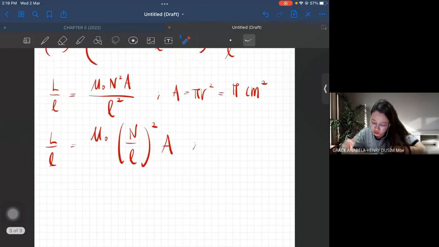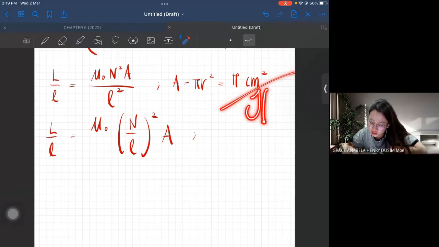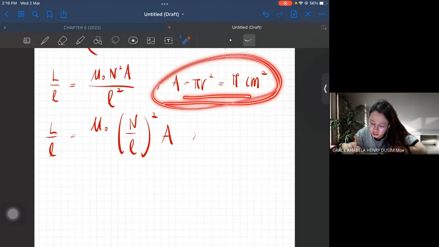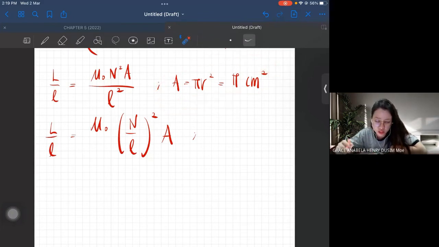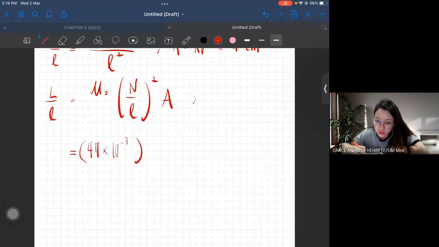Now, this is for the assignment. Make sure you calculate the area like this, because it gets marks. This is J1, I think. If the assignment asks for the calculation of area, write it like this to get marks. If you don't write it, no marks. Then for this, just substitute the values: 4 pi 10 negative 7, and this is 100 square, area is pi.